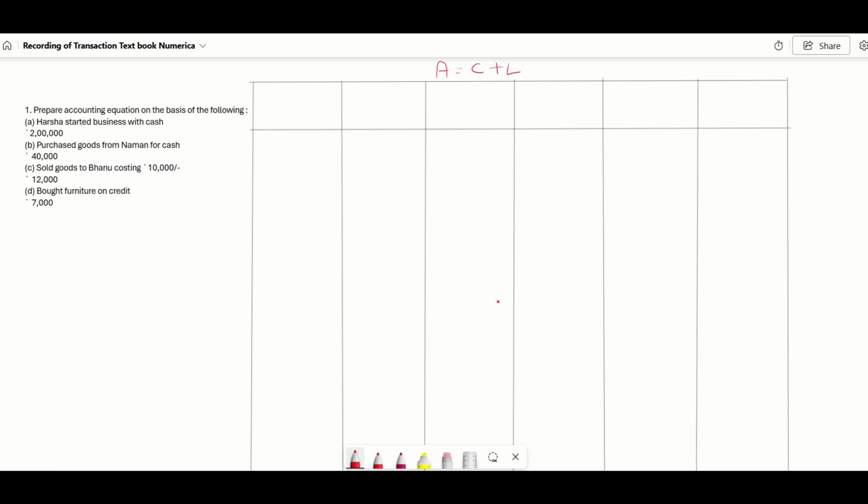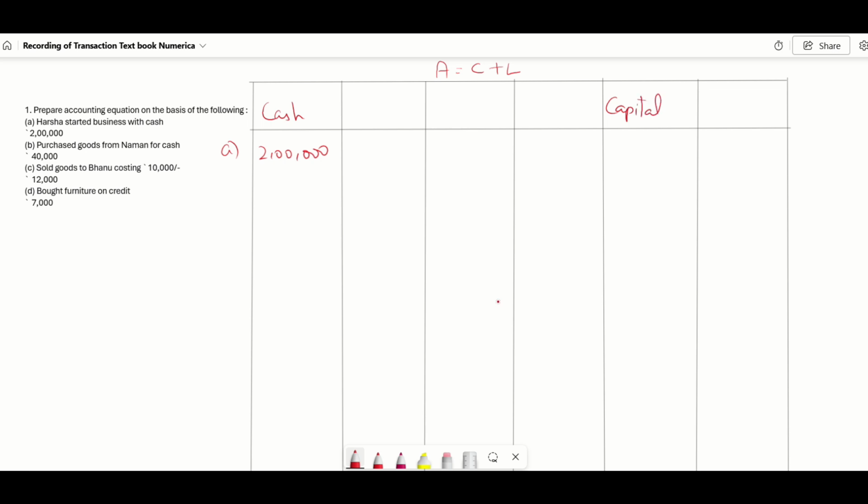Harsha started business with cash 2 lakh. So, we have to see what all the components involved in this transaction are. First, they have mentioned cash is there. How much? 2 lakh. Now in what form has it come into the business? It has come as capital. Harsha is the owner.